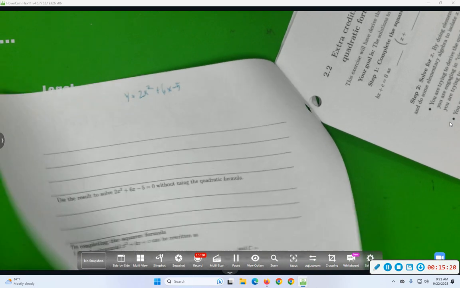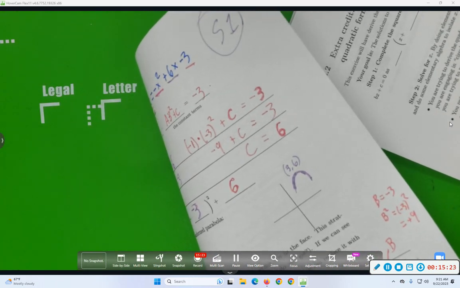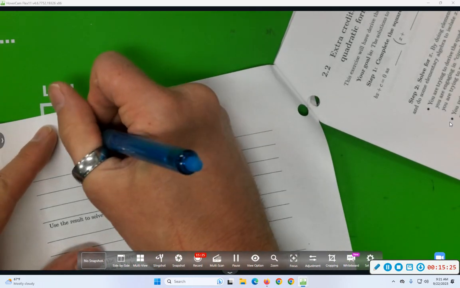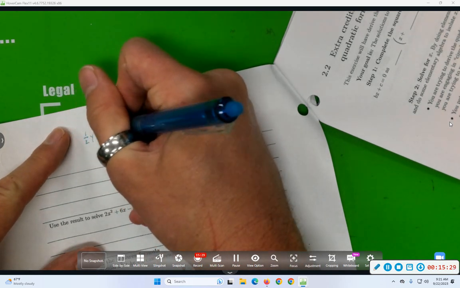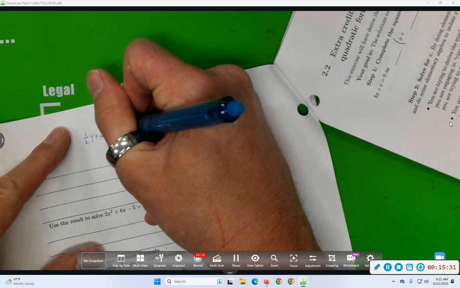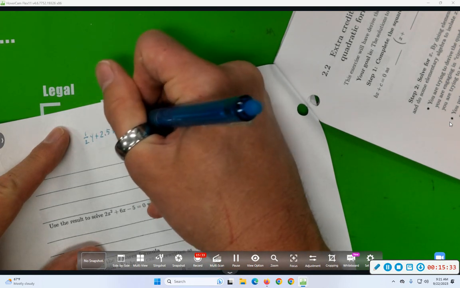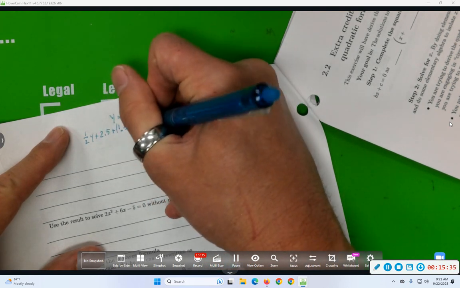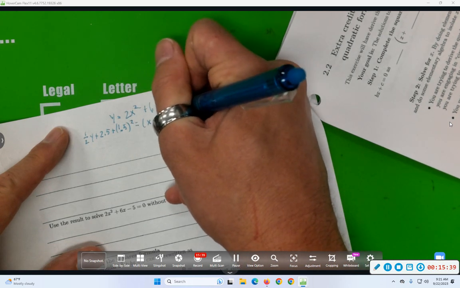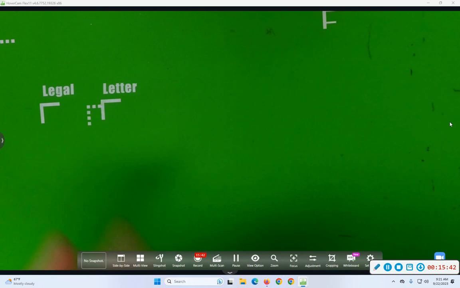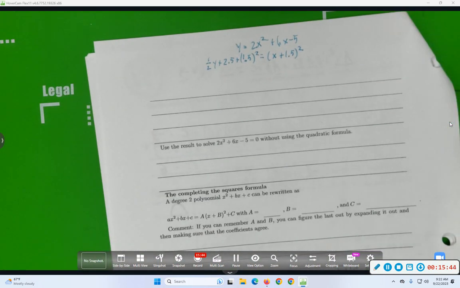And we turned that into 1/2 y plus 2.5. Is that the same as we got on the previous page? Excellent.